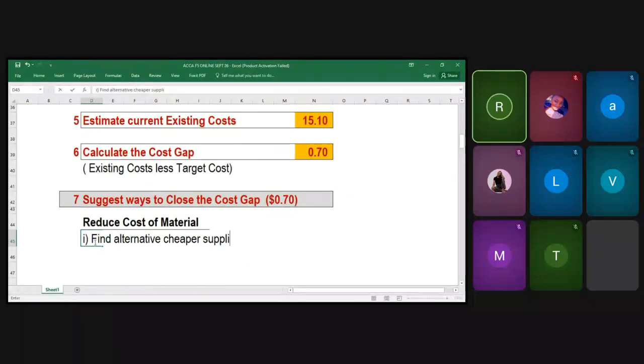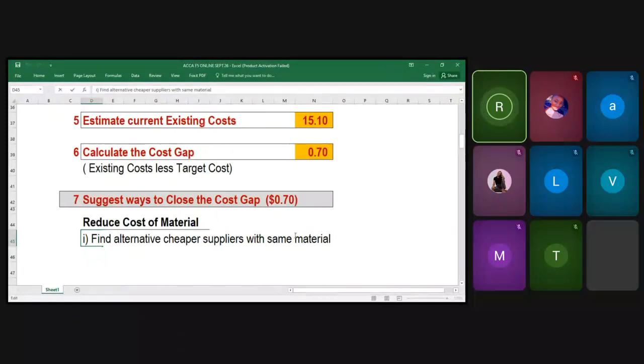Can we consider other suppliers with same material? All right. So from the supplier who gave us quotations, is the supplier the cheapest supplier around the market? We have to find alternative cheaper suppliers with the same material.